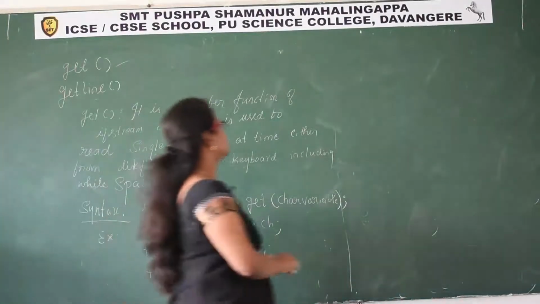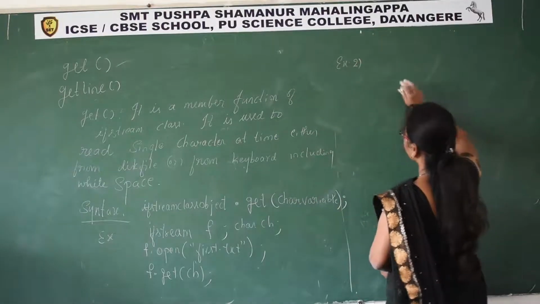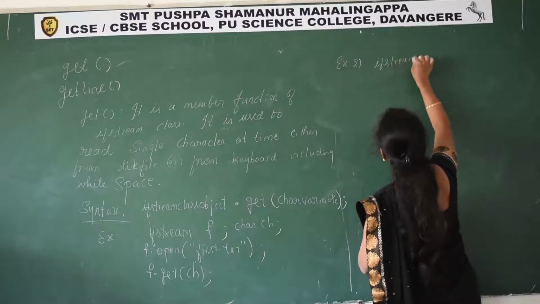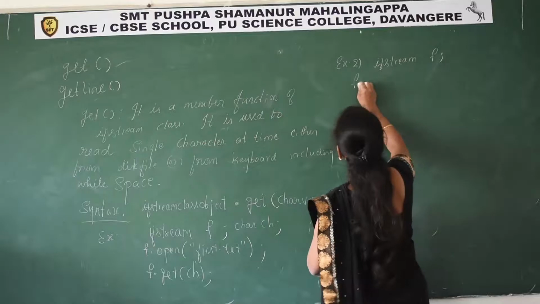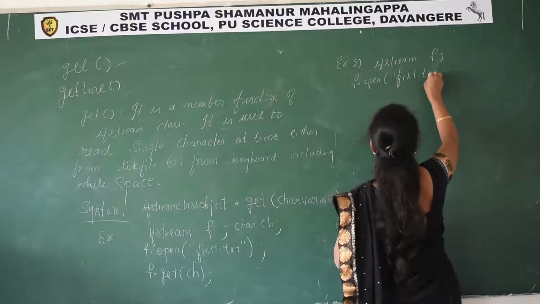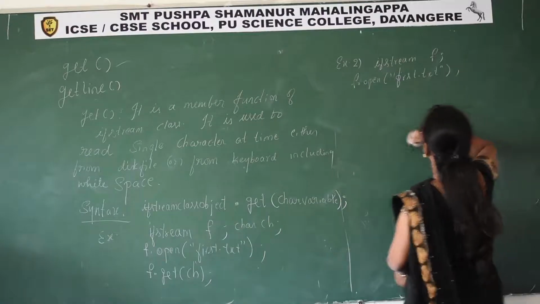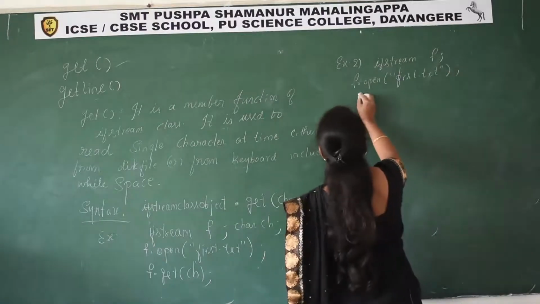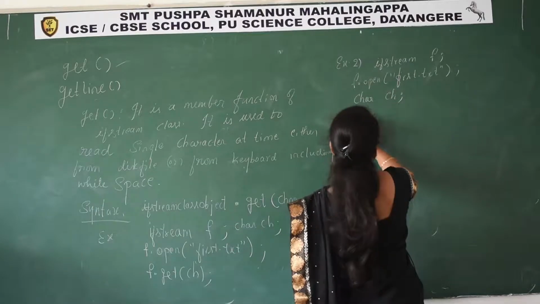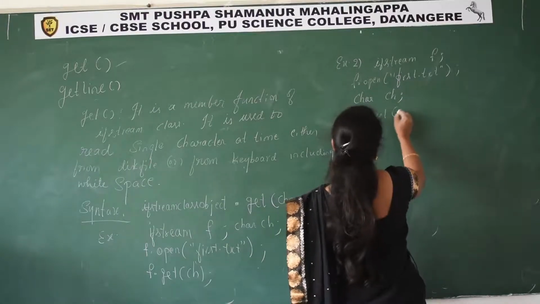Another example, to read a number of characters. How to read a number of characters here? ifstream f; f dot open first dot txt. I have taken the file name as first dot txt. You can take any name here. Next, char ch. Now f dot get of ch.